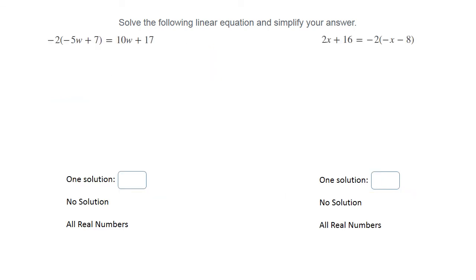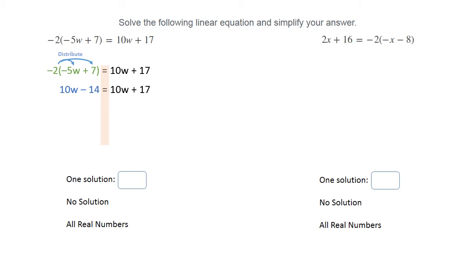We're going to look at these two examples together so that you can see them side by side. On the left, we need to take care of the parentheses in that equation first. So we're going to distribute, and that will give us 10w minus 14, and then bring the other side down, equals 10w plus 17.